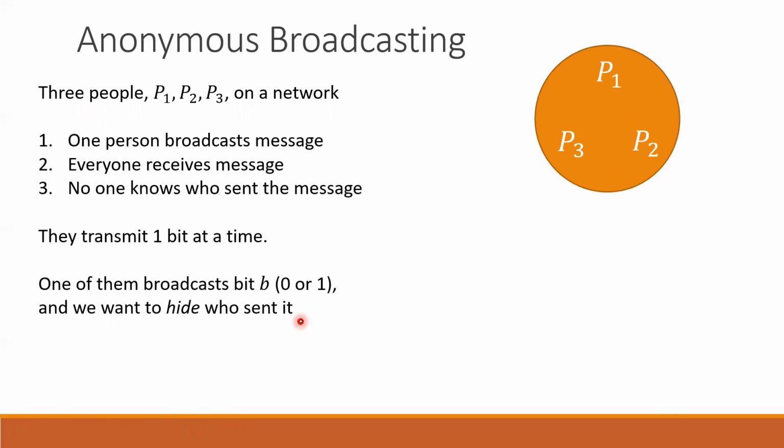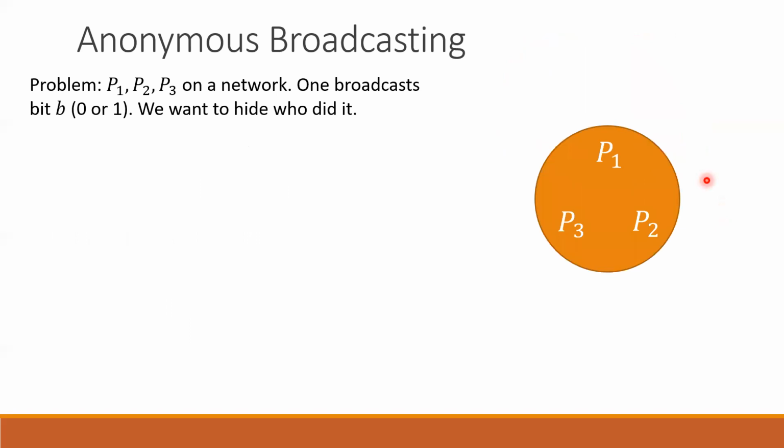It's a circular network. Let's say P1 broadcasts a bit B to P2 and P3. Maybe you're part of the French resistance during World War II and you want to hide your location, although of course that predates the internet.